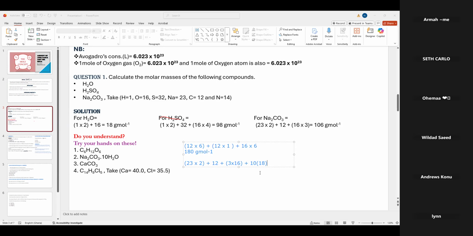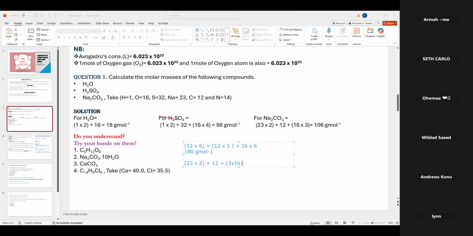No, sir. Okay. Let me go back. So for the sodium carbonate, we understand, right? Yes, sir. Okay. Now the problem is with the 10 moles of water. So the 10 in front of the water is telling you that after you found the molar mass of water, the 10 is multiplying that molar mass of water.